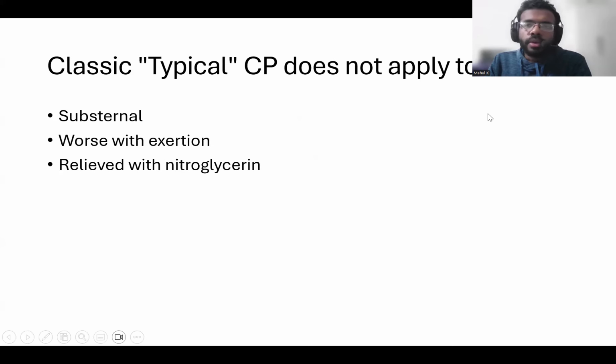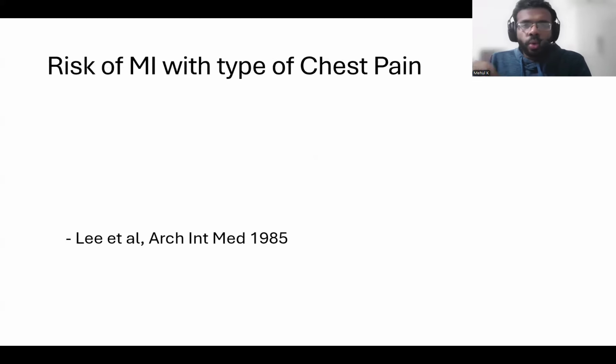Now, another problem is that the classical teaching about classical chest pain doesn't always apply to the emergency department. So the classical chest pain is substernal, which gets worse with exertion, and it is relieved with nitrates. Unfortunately, these things are not particularly useful, diagnostically speaking, when it comes to the emergency department. So, risk of myocardial infarction with the type of chest pain.